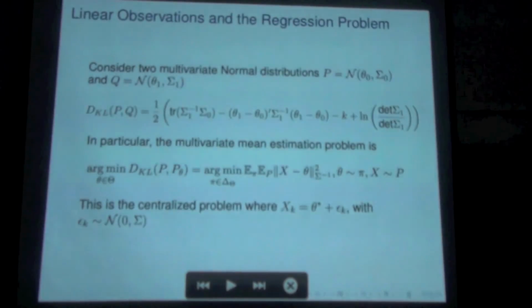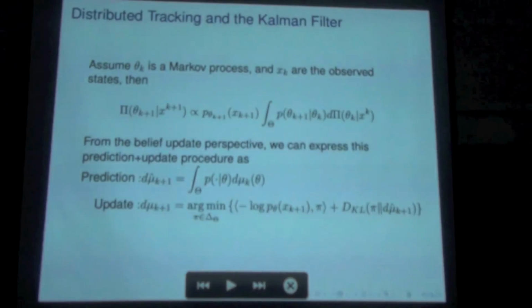Maybe I have one slide here. I never finished it, but basically you can write the Kalman filter as these two steps: a prediction step, which is an expectation, and an update step, which looks very similar. This is the centralized Kalman filter.